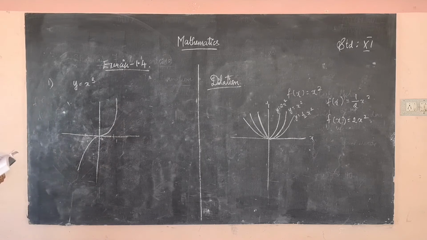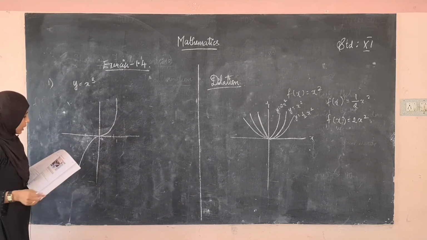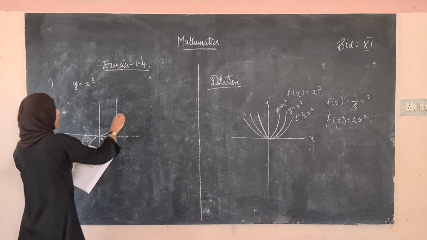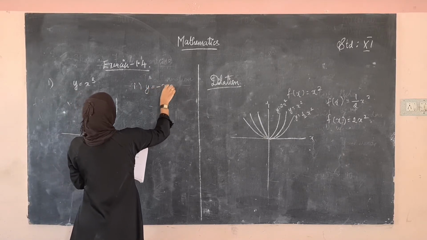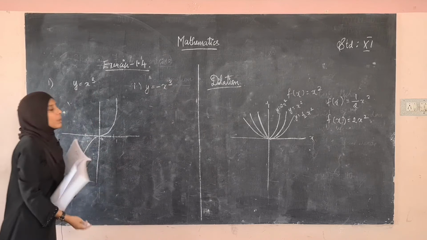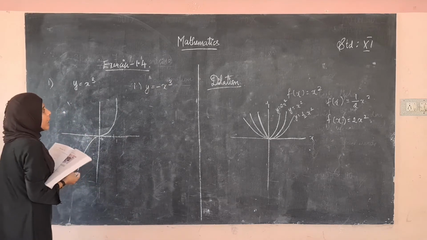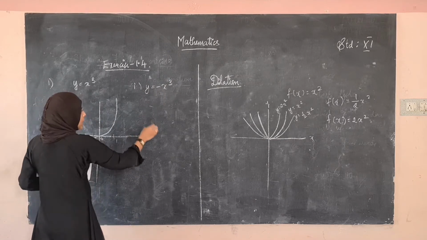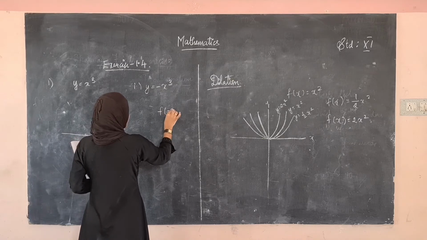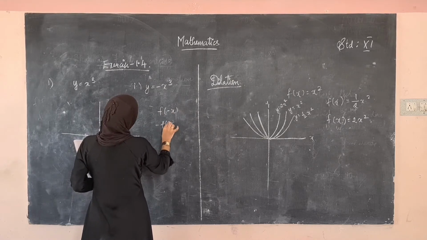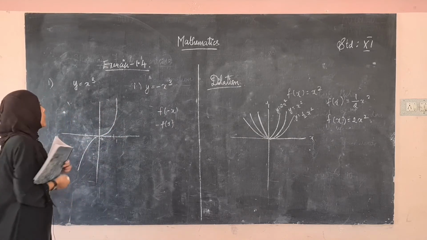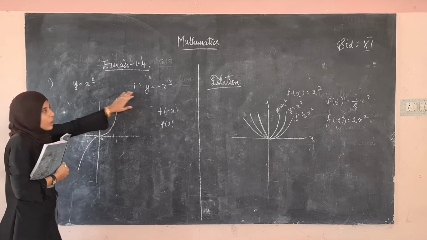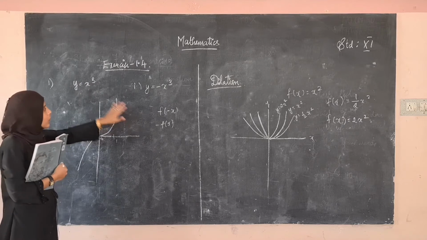Now we have to find the transformation, the first one is y is equal to minus x cube. See here, we can take this as either f of minus x or minus f of x, right? Substitute minus x instead of x, what we get? We get minus x cube. And for minus f of x also we get minus x cube.